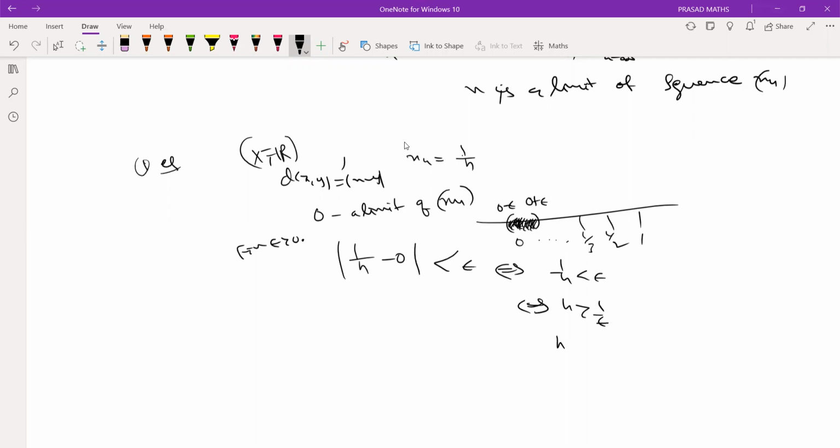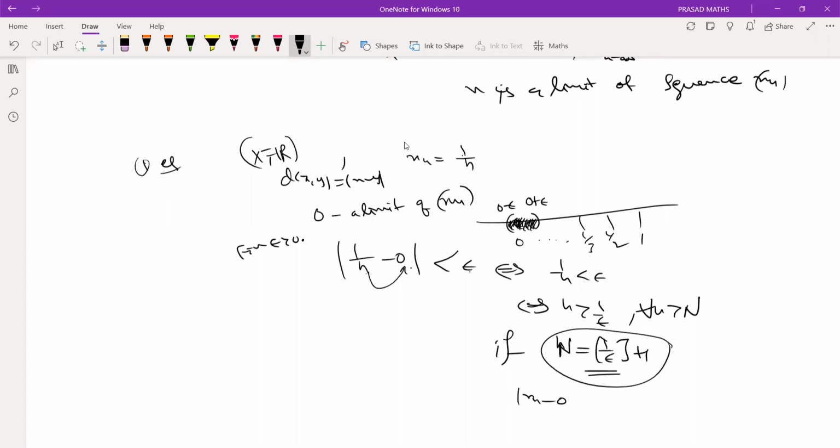So I can choose my capital N as the floor of 1 by epsilon plus 1. After this stage, the distance between 1 by n and 0 should be less than epsilon for n bigger than or equal to N. That means xn converges to 0 in the usual metric.